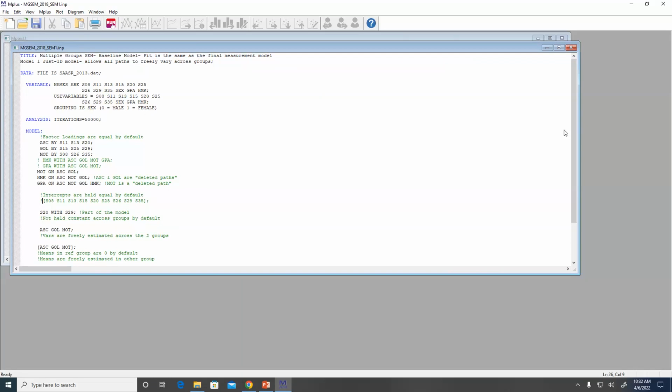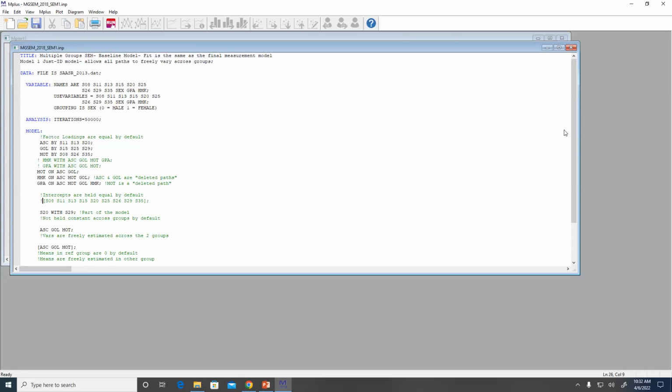I'm going to start with a baseline just identified model where all of my paths are free to vary across the groups. And then the next model that I fit is going to be a model where I say these three are constrained across the two groups.